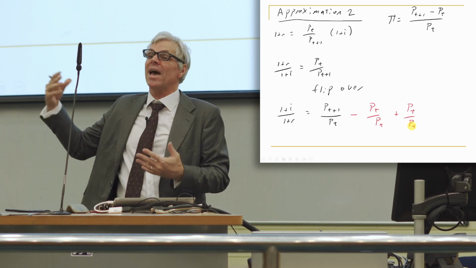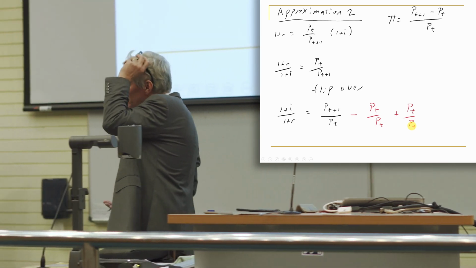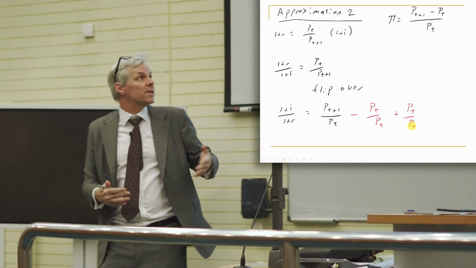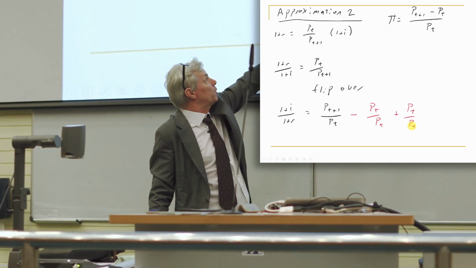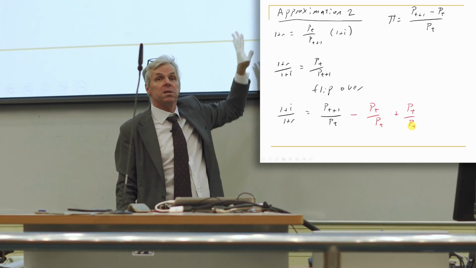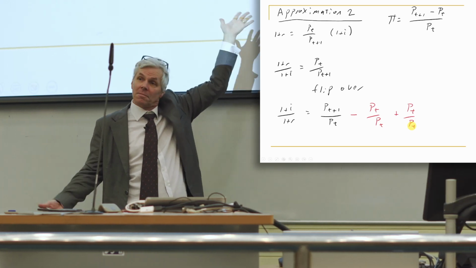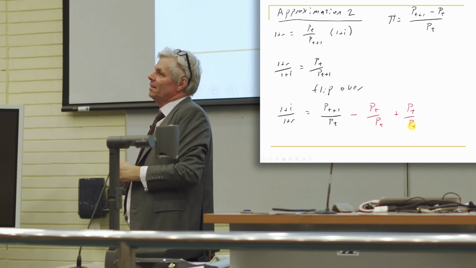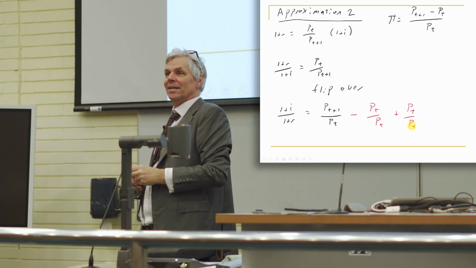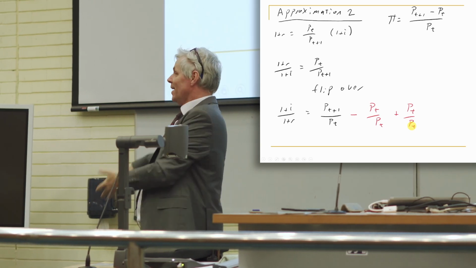So what I've done is I've added 0 to both sides, I'm sorry, I've added 0 on the right, and I'm writing my 0 in this particular way, minus something plus the same thing. It's a goofy weirdness, but no stopping me now. I can do any weird mathematical thing I want, and that's the one I want.